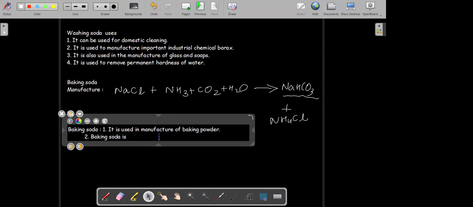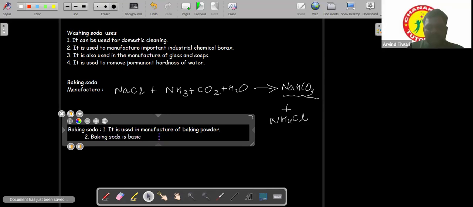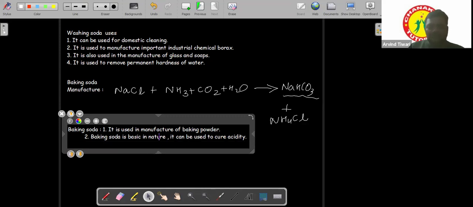Yes, so being basic in nature, it can be used to cure acidity. Also, it can be used in fire extinguishers.